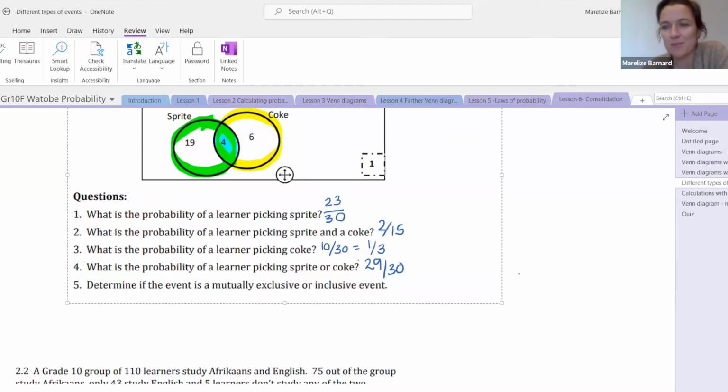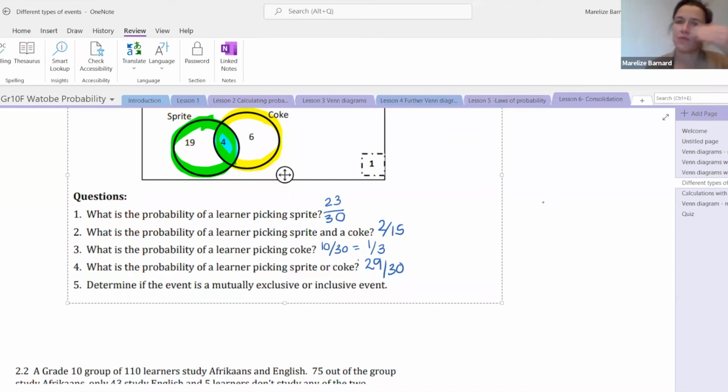I want to see some more answers. Right, there we go. Yes, it is inclusive because we have just said there is overlap. Sakila just says mutually. I think there's something missing there, Sakila. The answer can't just be mutually, it needs to be either inclusive or exclusive. But it's not mutually exclusive anyway, because there is overlap.